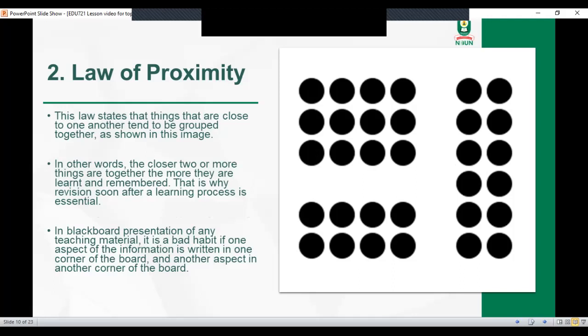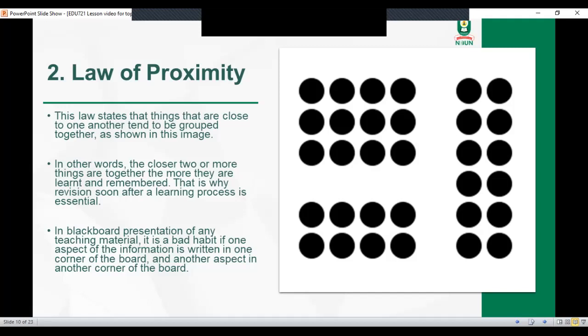Look at the image on the right side of the screen. You can see the dots that are separated. You tend to group them the way they are.